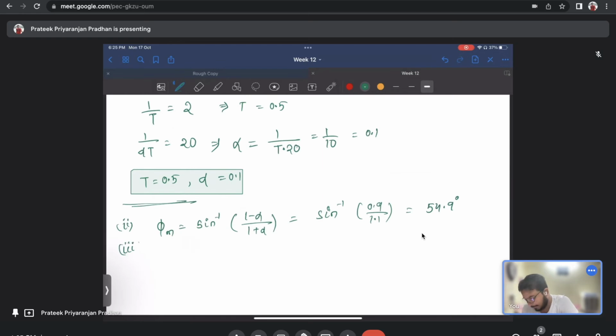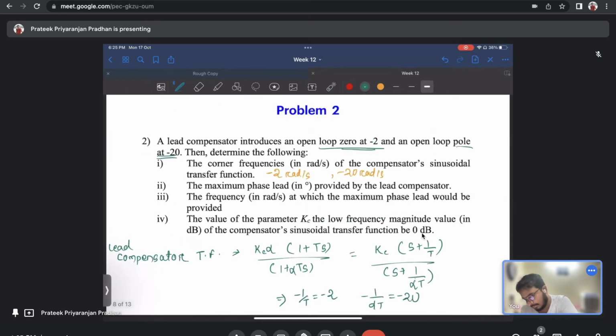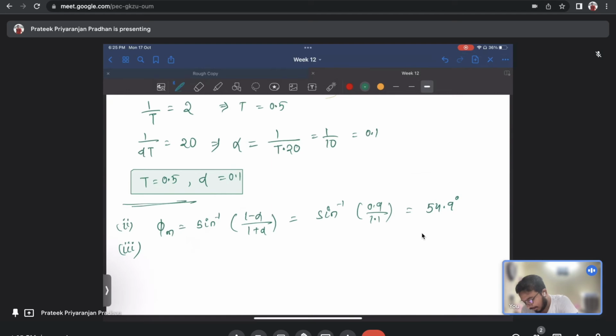Third, the maximum phase lead is 54.9 degrees. The frequency at which the maximum phase lead happens, by the direct formula, omega m is equal to 1 by root alpha times t, which is 1 by root over 0.1 times t.